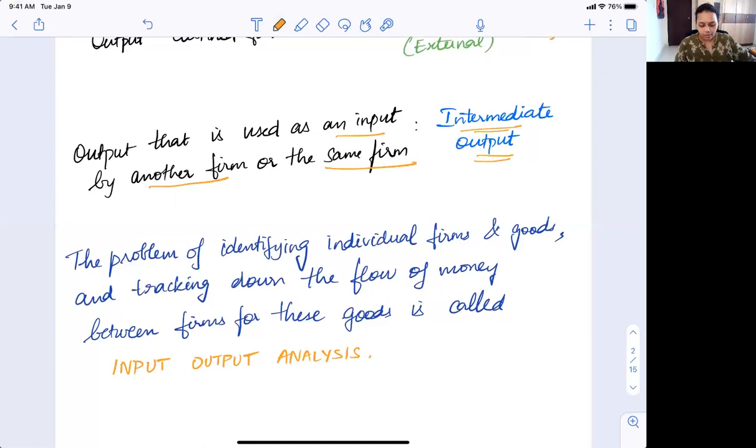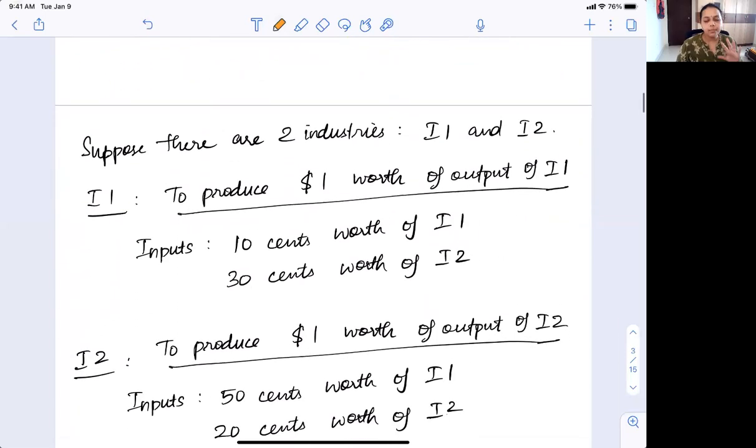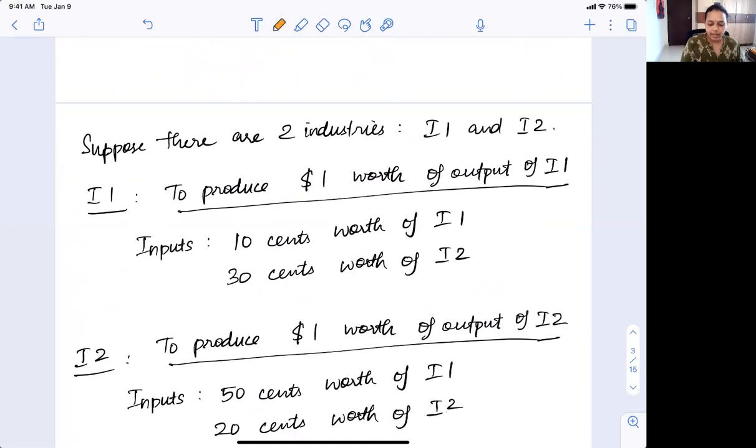All right. So now let's look at an example and start conceptualizing how we bring matrices into understanding and dealing with input analysis. Suppose there are two industries and we'll call them I1 and I2.